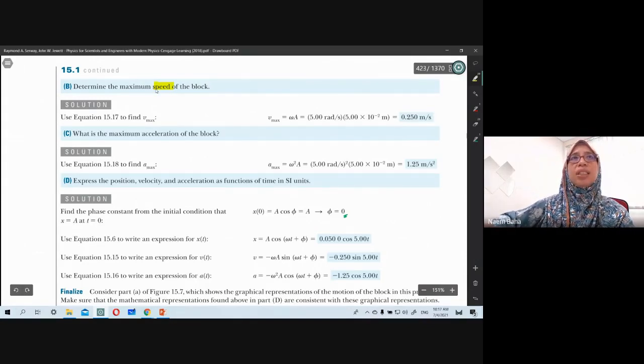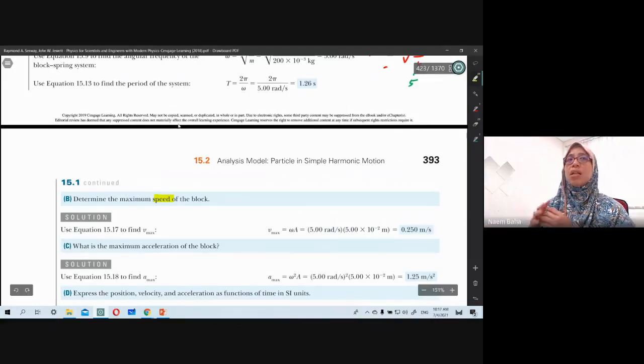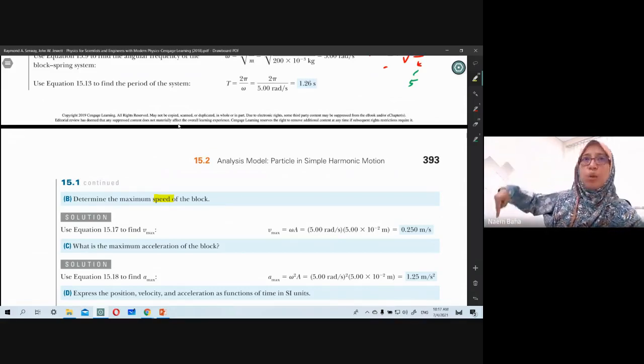For instance, this question is asking for speed. Plus, you have no idea whether the object is on its way moving to the right or moving to the left. Remember, if you are at the equilibrium, the spring object is oscillating to the right, passing through 3 centimeter. 5 centimeter is the maximum amplitude, so 3 would be in between.